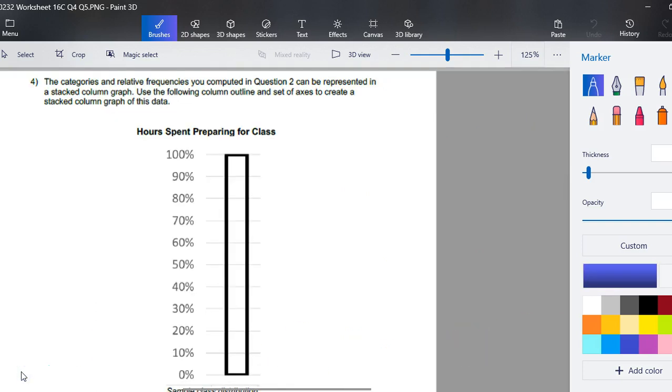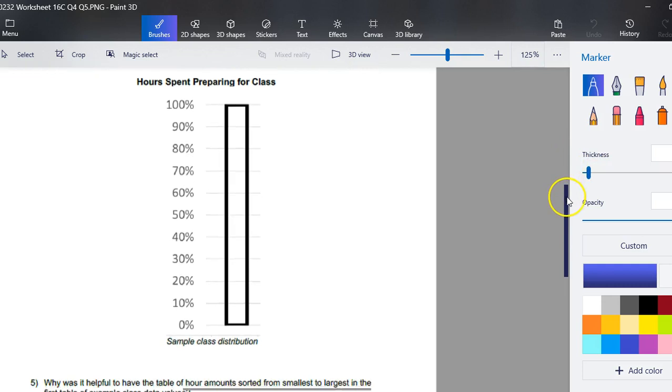So finally then in this lesson, and again, if you haven't already completed questions 4 and 5, pause, go work on them and then come back. But looking at question 4, the categories and relative frequencies you just computed in question 2 can be represented in a stacked column graph. They want us to use the following outline instead of axes to create a stacked column of our data.